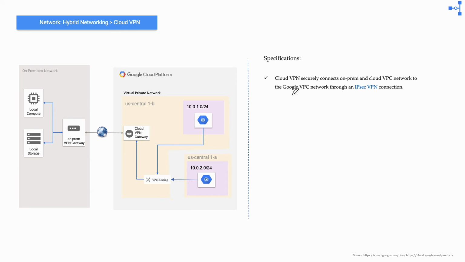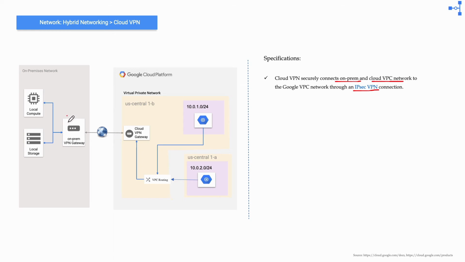Next, let's look at Cloud VPN. Cloud VPN securely connects your on-prem and cloud VPC network to Google VPC network through an IPsec VPN connection. So in this case, this is the on-premise network, Google Cloud network. It basically connects these two networks through an IPsec VPN tunnel.